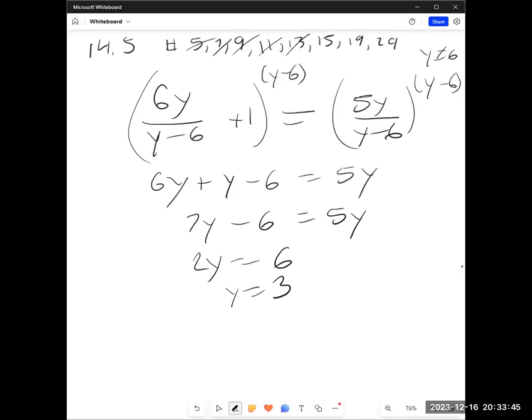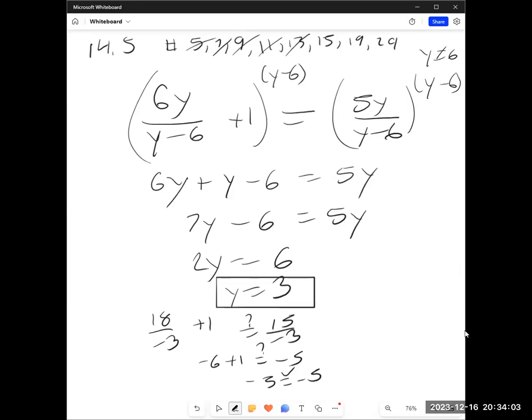Let's check that answer. 18 over negative 3 plus 1, is that equal to 15 over negative 3? Negative 6 plus 1, is that negative 5? Yes, negative 5 is negative 5. So y is equal to 3.